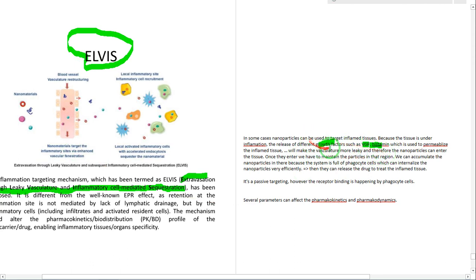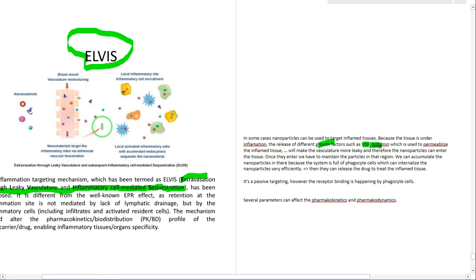The release of these factors makes the tissue become permeabilized. Well, when this happens, the nanoparticles can then enter the tissue.